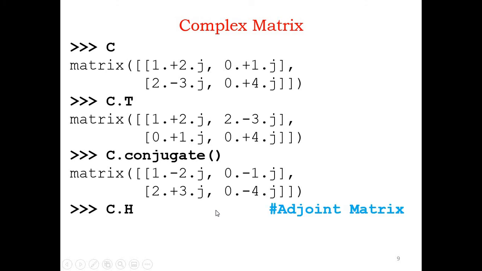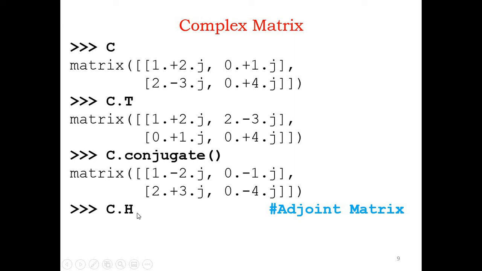But C dot H, as used in physics and mathematics, means you take the conjugate and transpose both together. This conjugate transpose is called the adjoint. It is often written as C with a dagger on top of it.